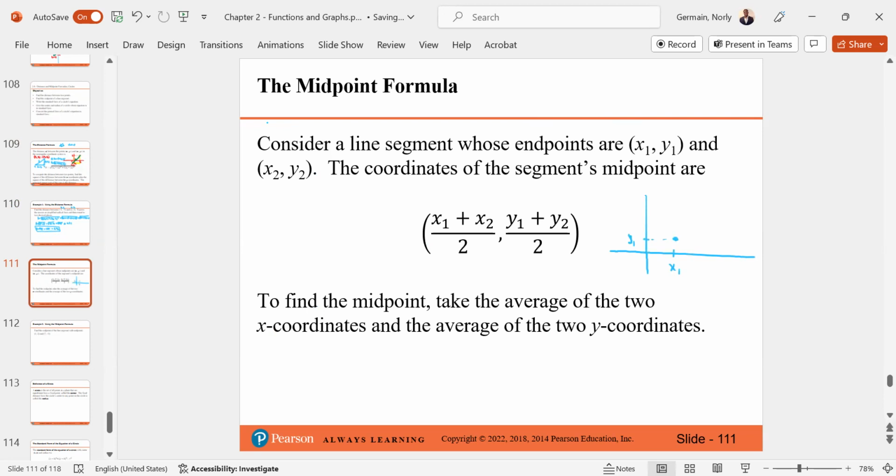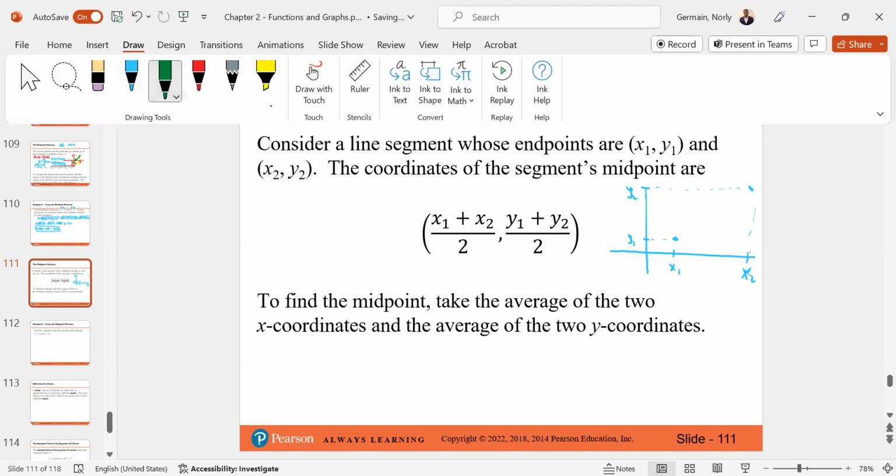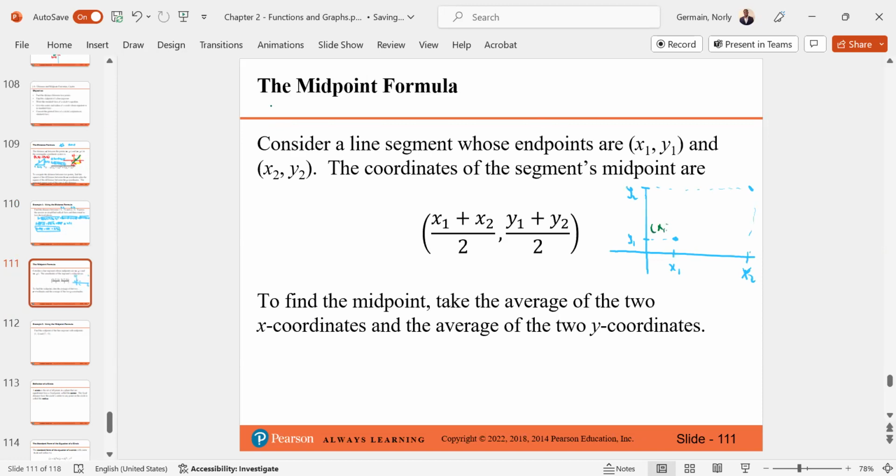This is the point, and x2 gives you, I'm going to put it, y2. Remember, your goal when you have these 2 points, that means right there you have x1, y1, and this one we have x2, y2, right? So this is the distance you're usually looking for by using the formula.